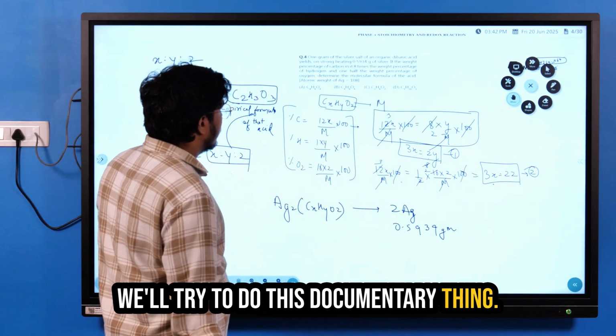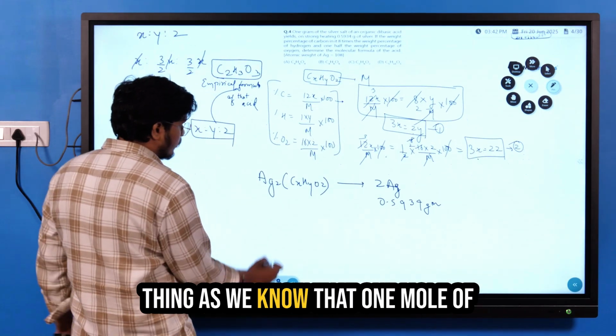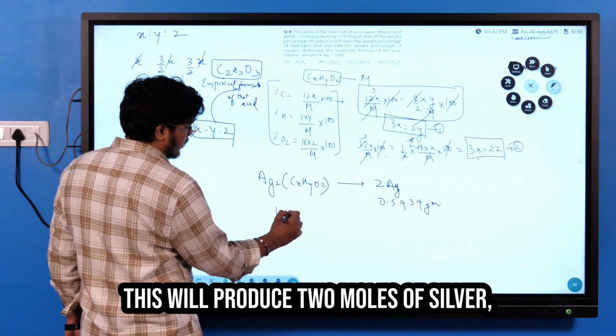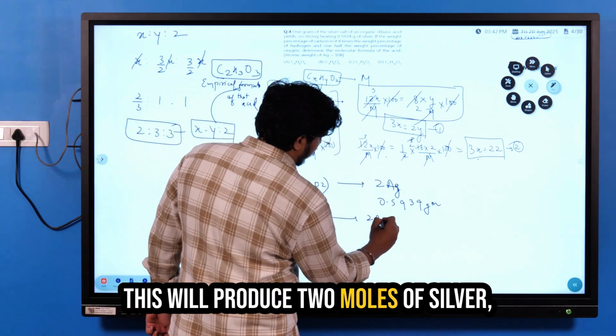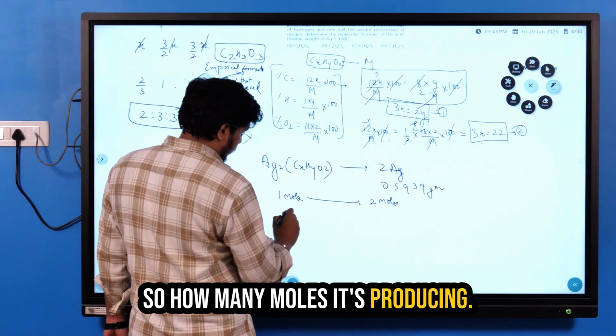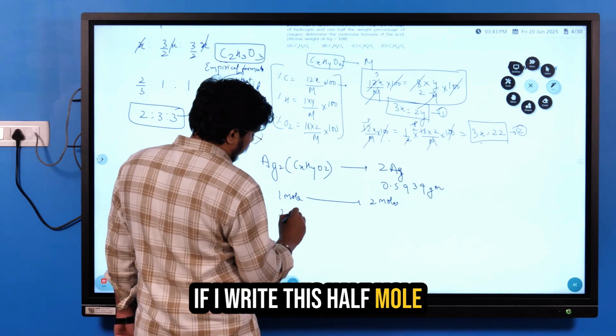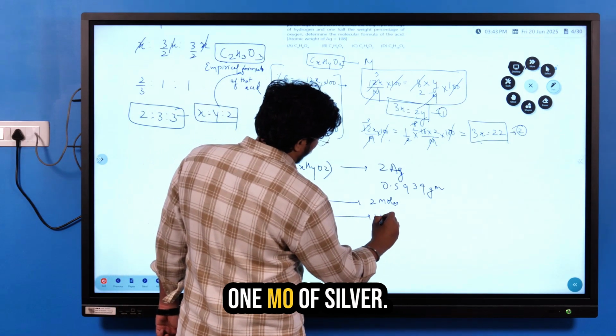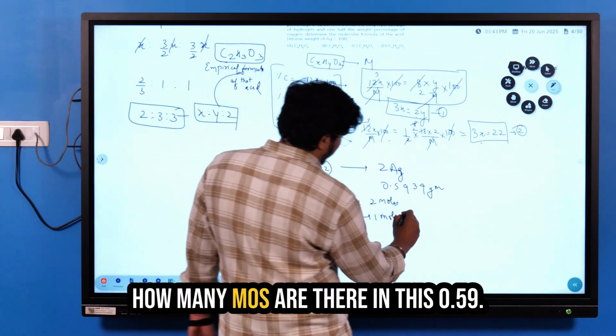Try to do the stoichiometry. As we know, 1 mole of this will produce 2 moles of silver. So half mole of this will produce 1 mole of silver. How many moles are there in this?